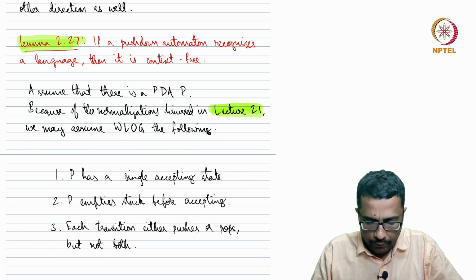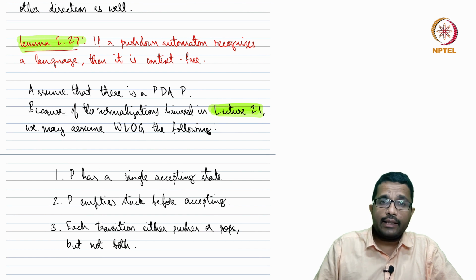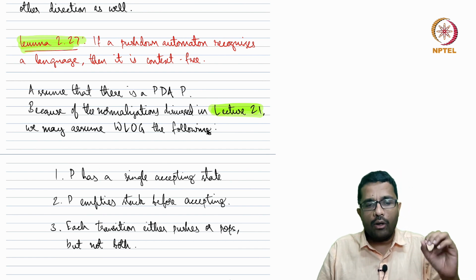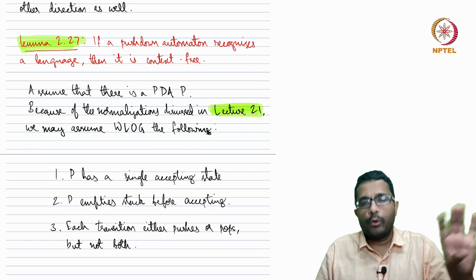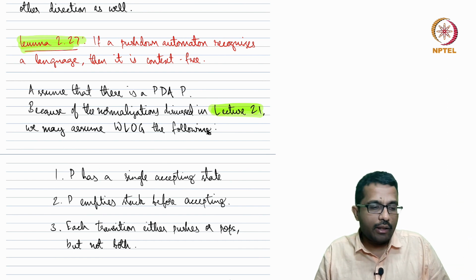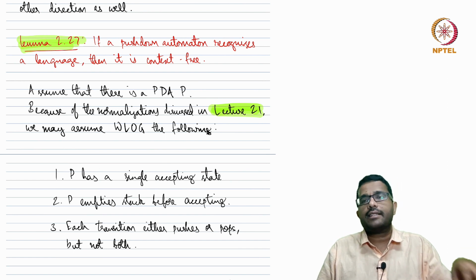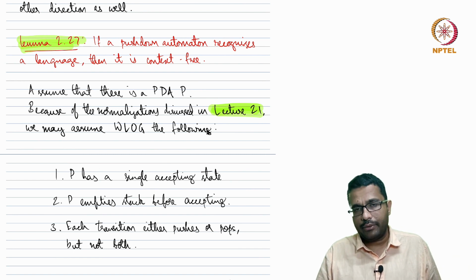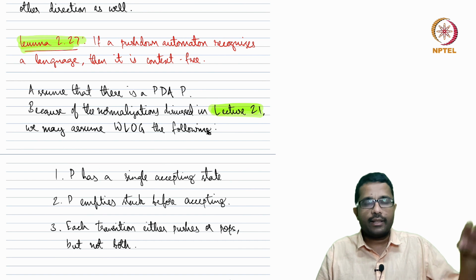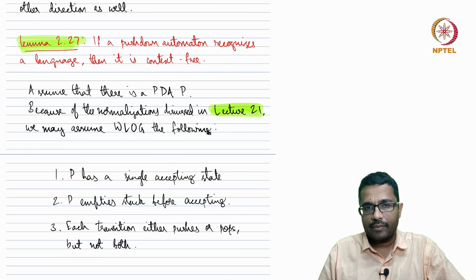The other two facts that we said are that, given a PDA, we can construct an equivalent PDA that always empties the stack before accepting. So if the original PDA did not empty the stack before accepting, we can force it to do so. This involved putting some symbol at the beginning of the stack and then ensuring that symbol is removed before it accepts.